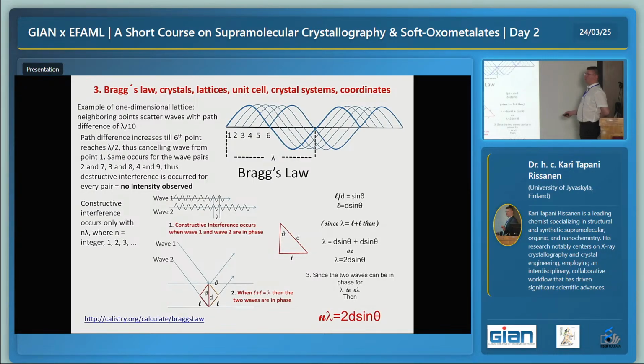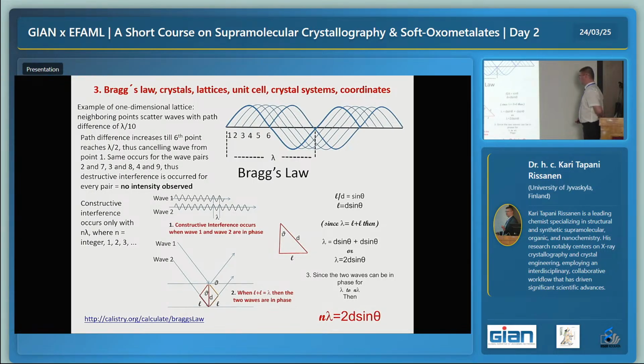But in order for this diffraction to happen, there has to be a constructive interference. And this constructive interference can only happen if these are in the same phase. If waves 1 and 2 were in a different phase, they would cancel, otherwise we would see nothing. So it is very important that the incoming waves are in the same phase, and only then do we have the diffraction happening.